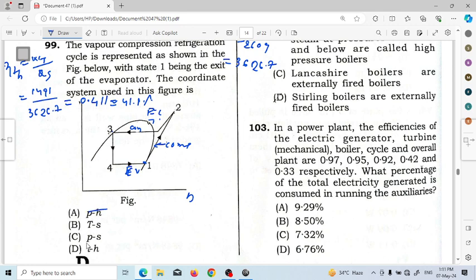So this cannot be p-H, so the answer will be temperature. As 4-1 is at constant temperature, and 2 and 3 are at different temperatures, the y-axis will be temperature, and 3-4 is an isenthalpic expansion process. So this must be the H enthalpy line. So option D is the correct answer.